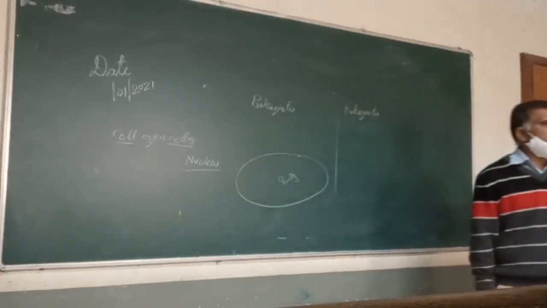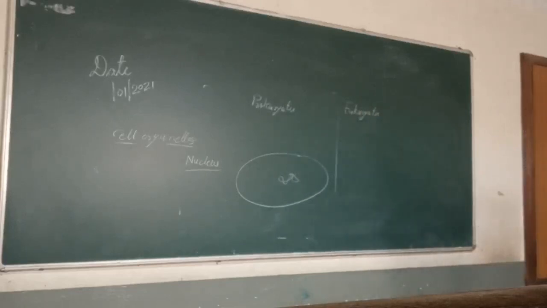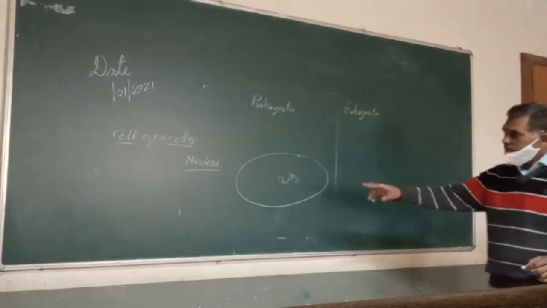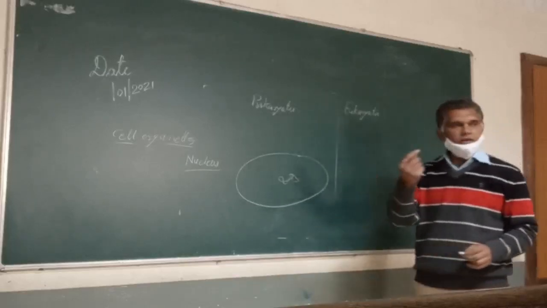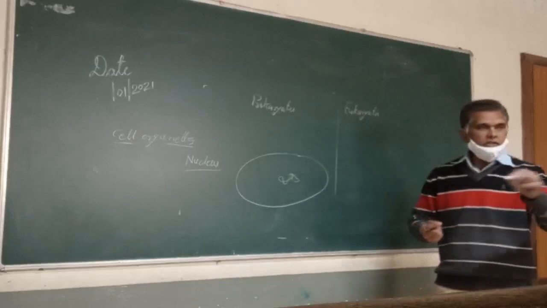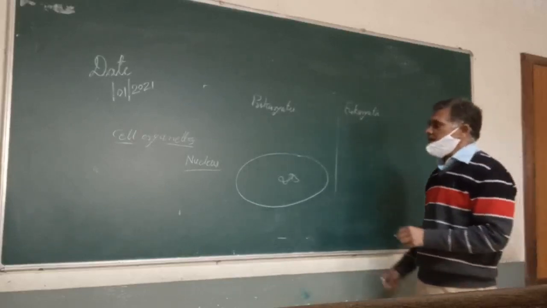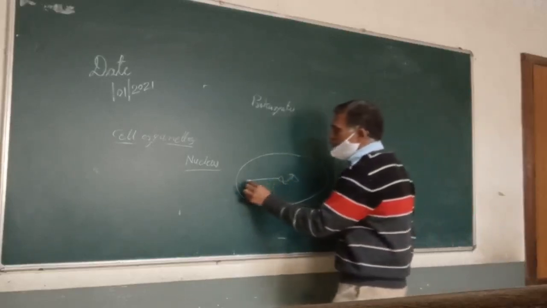If we see a prokaryotic cell, a single chromosome is there, on which the nuclear membrane is absent, and this is called nucleoid.